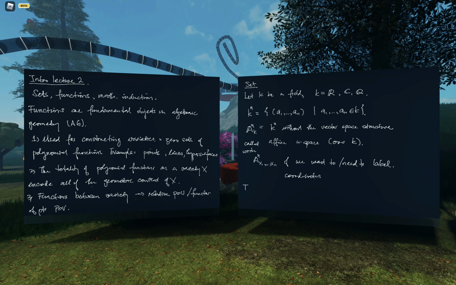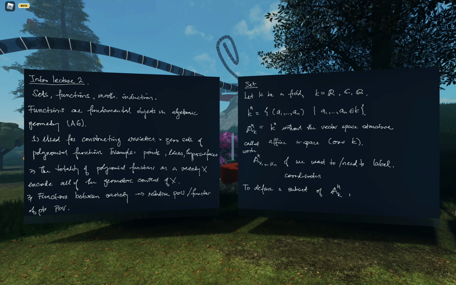So to define a subset of A^n over K, we have this little notation that Dan introduced last week. We have some curly brackets. We specify some point in A^n, and then we specify some condition that these n-tuples have to satisfy for it to be in the subset or not.